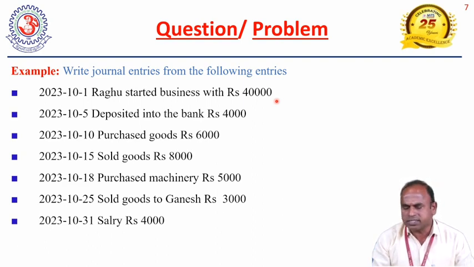Raghu is a personal account, as it is the name of a person. Now you apply the rules of personal account and real account. As per the personal account rule, debit the receiver and credit the giver. But in this transaction, Raghu is the giver, so you write on the credit side. And cash comes into the business, so it is an asset.